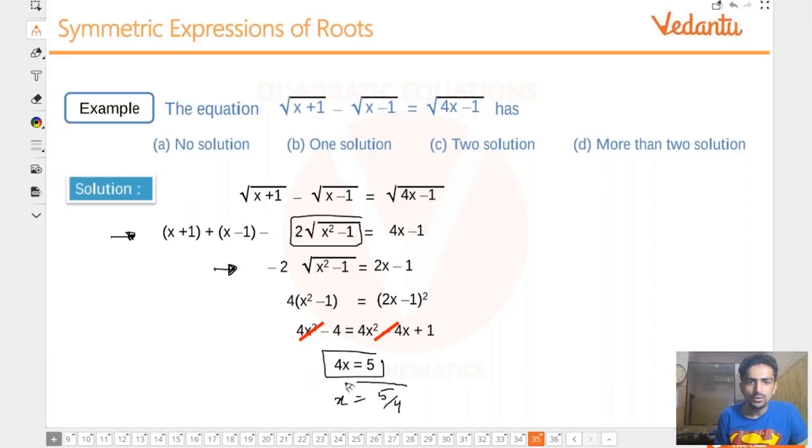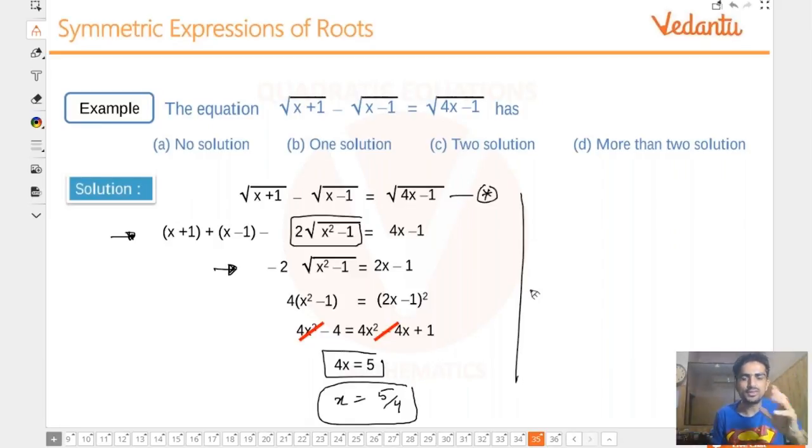Now, the problem is when you just put it here, it does not satisfy. Believe me, it will not satisfy. Let me just verify it for you. Putting x equal to 5 by 4 in star, what do you get?